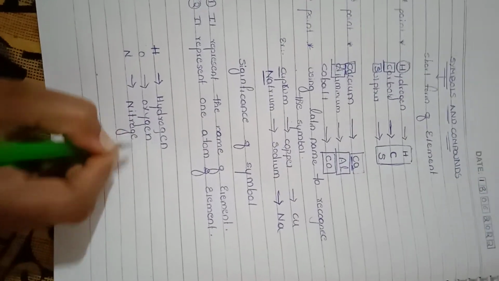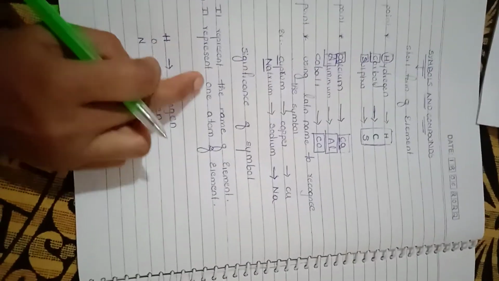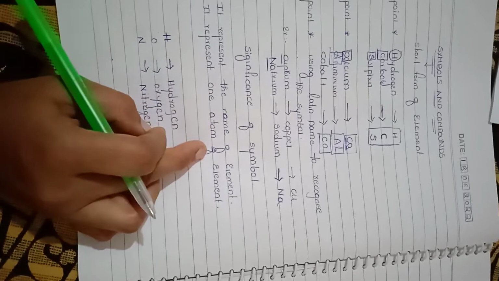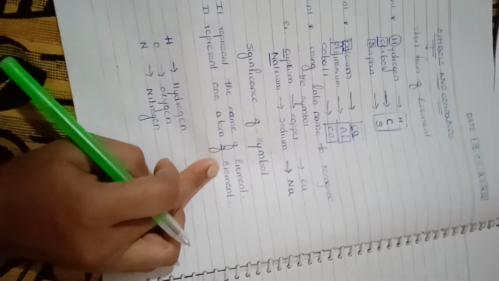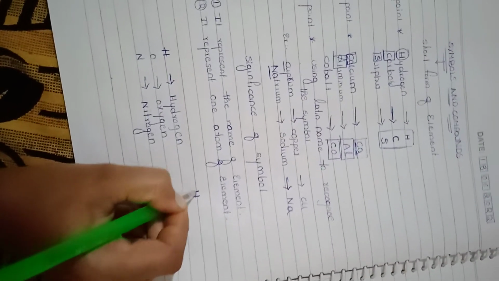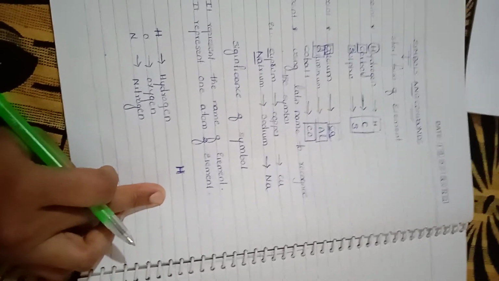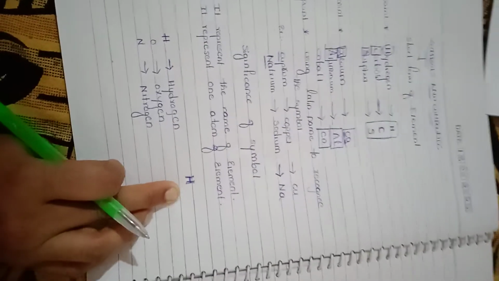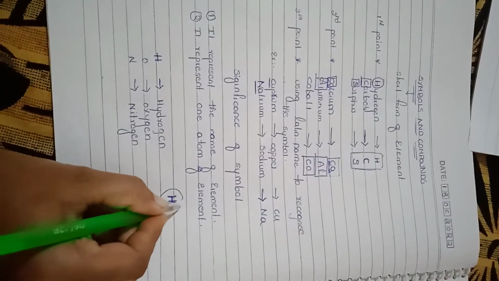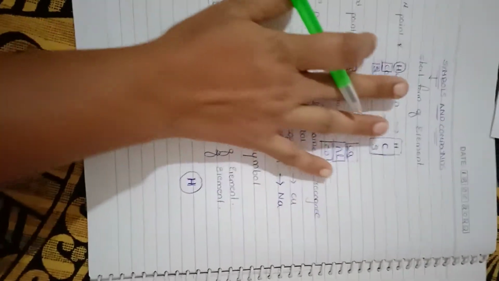Like that we can represent the name of the element. It also represents one atom of the element, which is very important. Here I am taking hydrogen. Can you see any number with hydrogen? No, only H. That means one atom of hydrogen. This is all about the symbols.